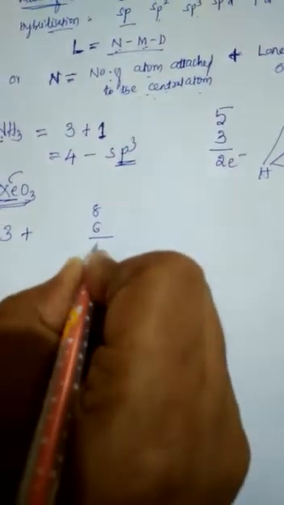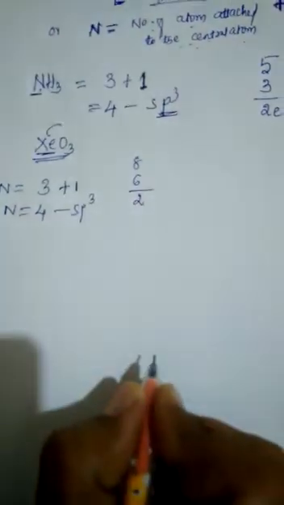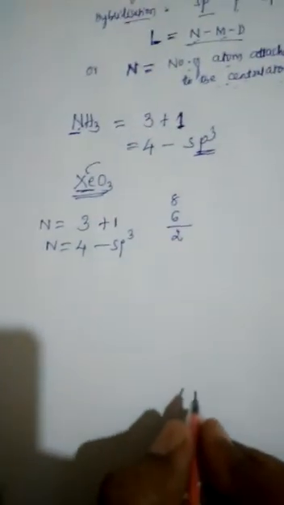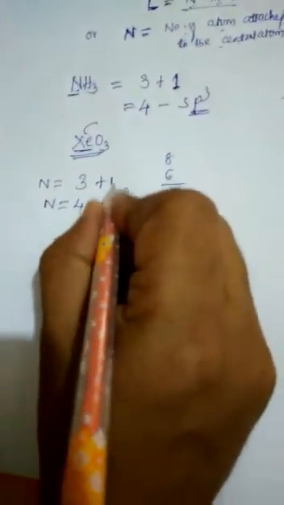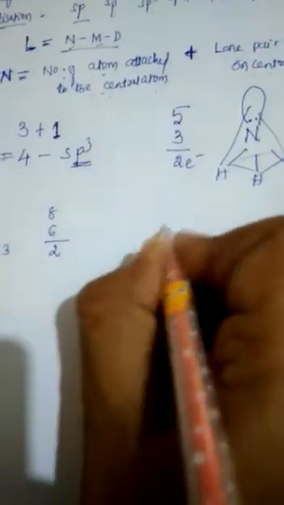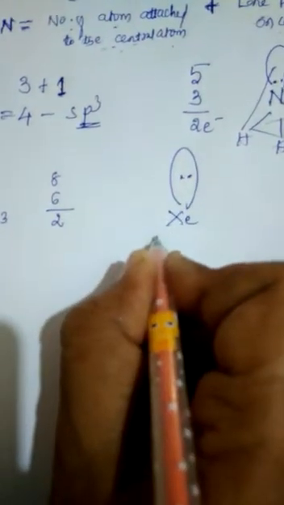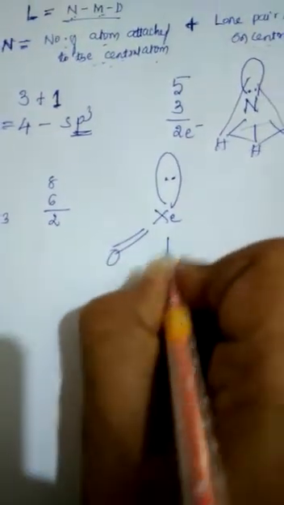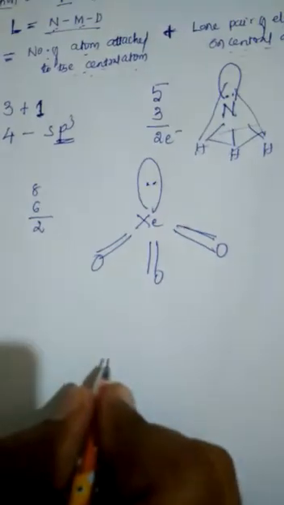Remaining electrons are 2. 2 makes how many pairs? 1 pair. 3 plus 1 is again 4. Therefore, sp3 hybridization state. And a very interesting thing: here the central atom is xenon, so we can represent one lone pair of electrons, and the 3 oxygen atoms are forming double bonds.